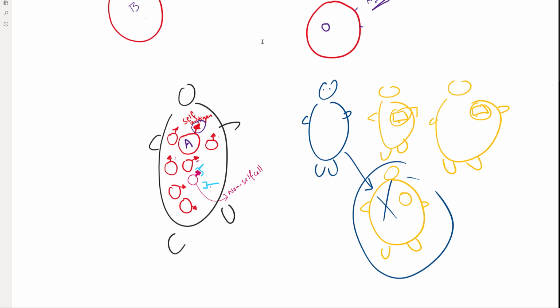Those antigens will work as this ID. And the body needs to look for the non-self, for the fake IDs or the IDs that don't belong to this body. Therefore, we will have those antibodies, antibodies against the other antigen. So let's go back to here.